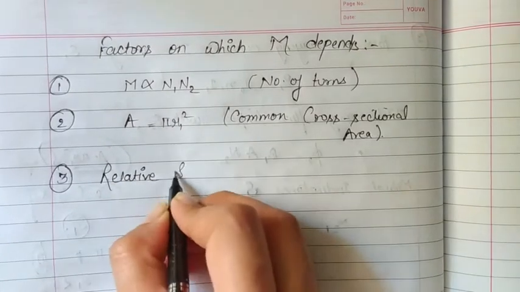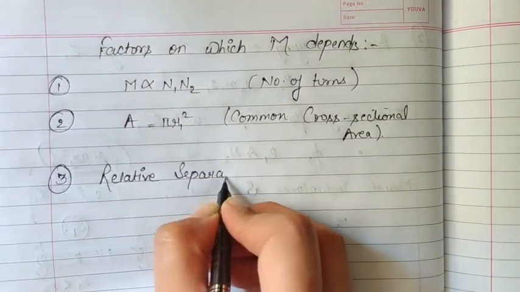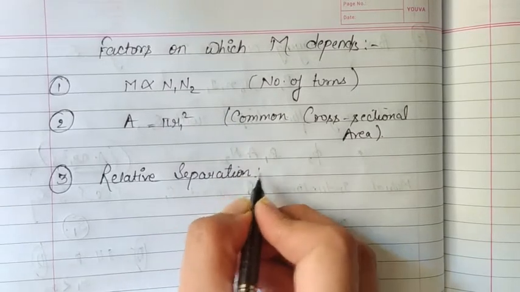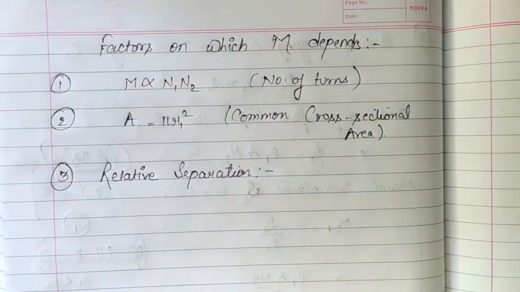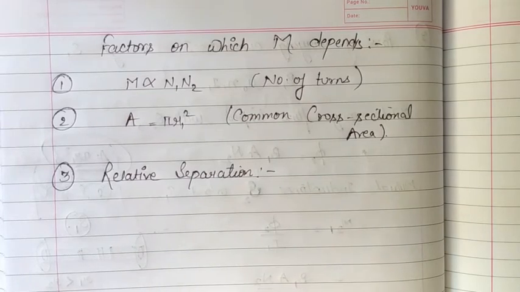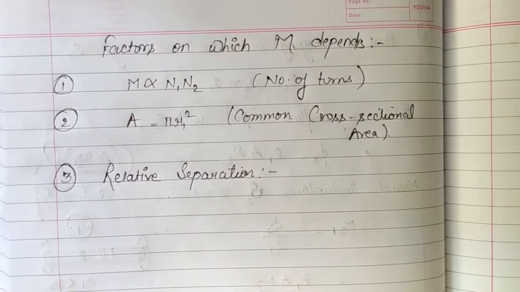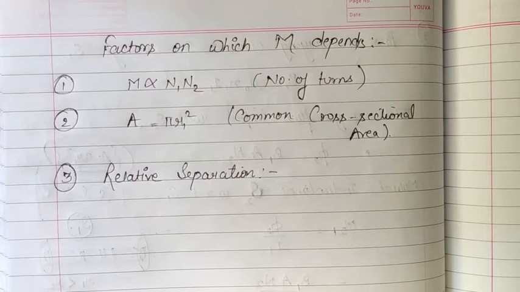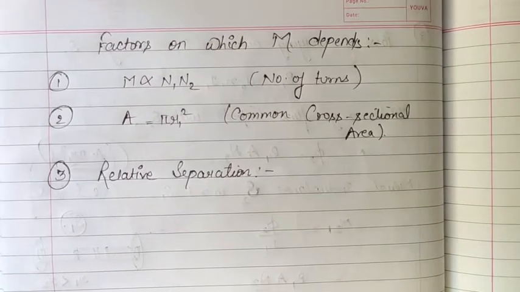Now we are also considering the separation of two coils. Larger the distance between two solenoids, smaller will be the magnetic flux that is linked with the secondary coil due to the current in primary. Hence the value of M will be small. So it is a simple one.